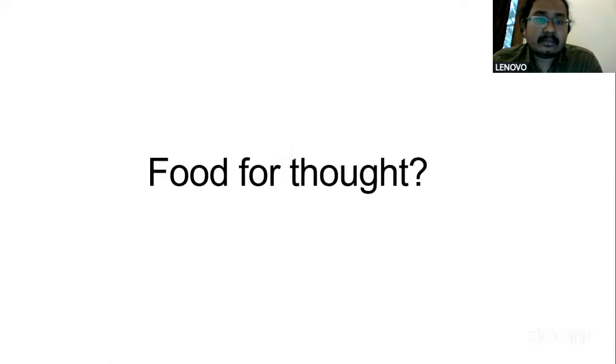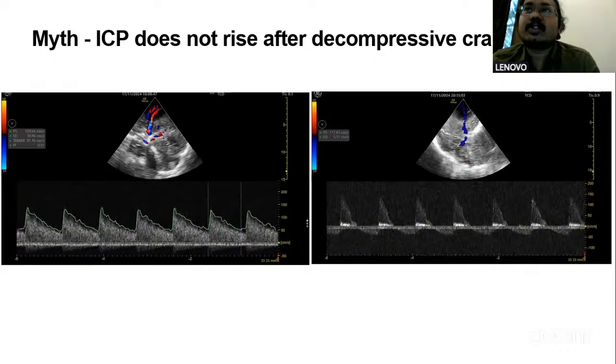Now most of us think that, okay, the patient has traumatic brain injury, the patient had raised ICP, we have done osmotherapy, we have sedated him. Now still there is a raised ICP. Okay, let's call the neurosurgeon. There is a dip in GCS. The neurosurgeon comes and takes the patient for decompressive craniectomy.